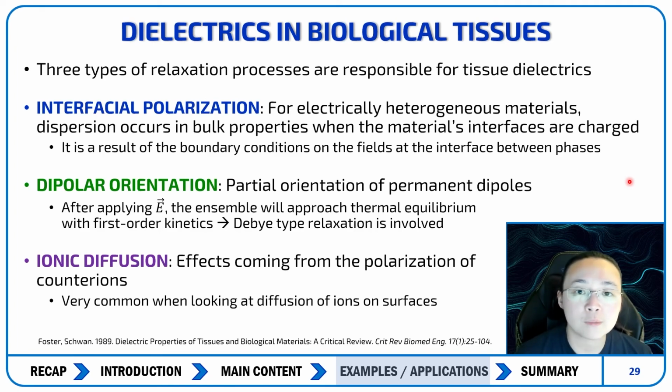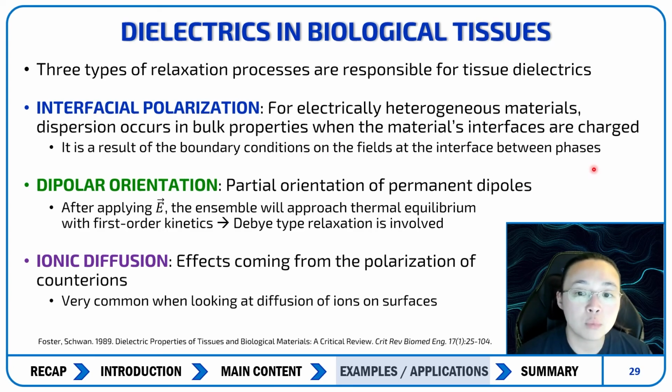At the interface between two phases, there's going to be dispersion that occurs in bulk properties when the material interfaces are charged. Once you charge an interface, there will be a distribution or dispersion of charge that can be associated with some sort of polarization along the surface. So this is what that refers to.